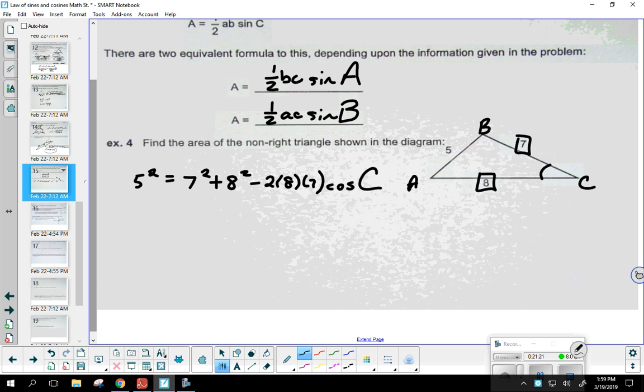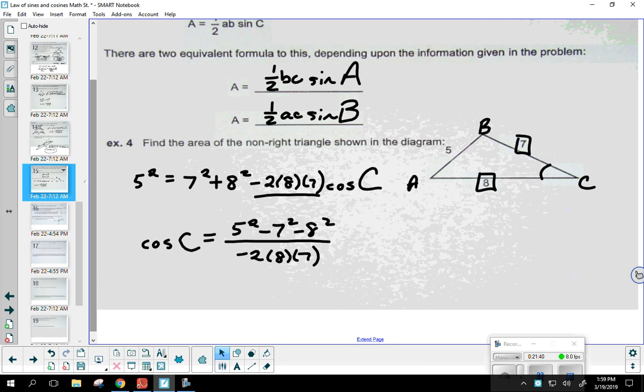Just like we've done several times before, I'm going to manipulate this so that I know what cosine of angle C will equal. That would be 5 squared minus 7 squared minus 8 squared all over the coefficient product, negative 2 times 8 times 7.